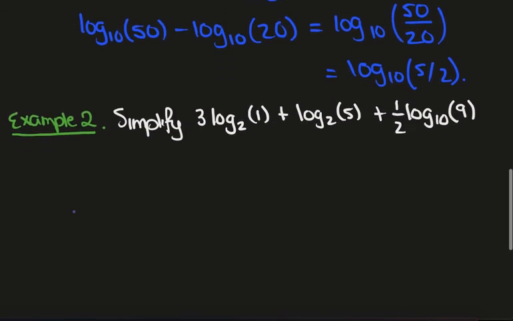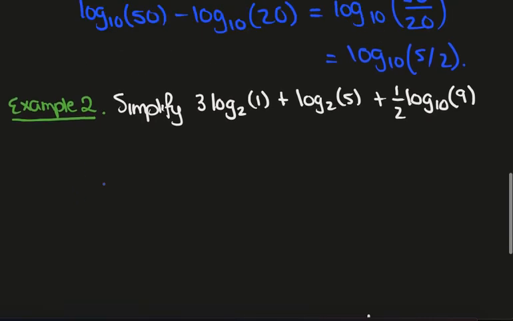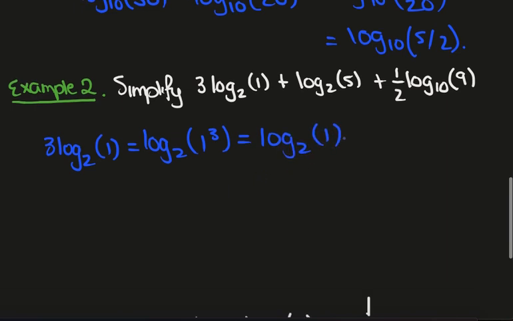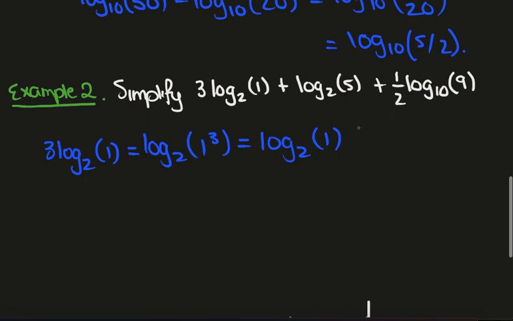Okay, let's look at another example. Here we have: simplify 3 log 2 of 1 plus log 2 of 5 plus 1/2 log 10 of 9. We'll bring this up. So 3 log 2 of 1 is log 2 of 1 cubed, which is just log 2 of 1. Similarly, we'll bring the 1/2 up.